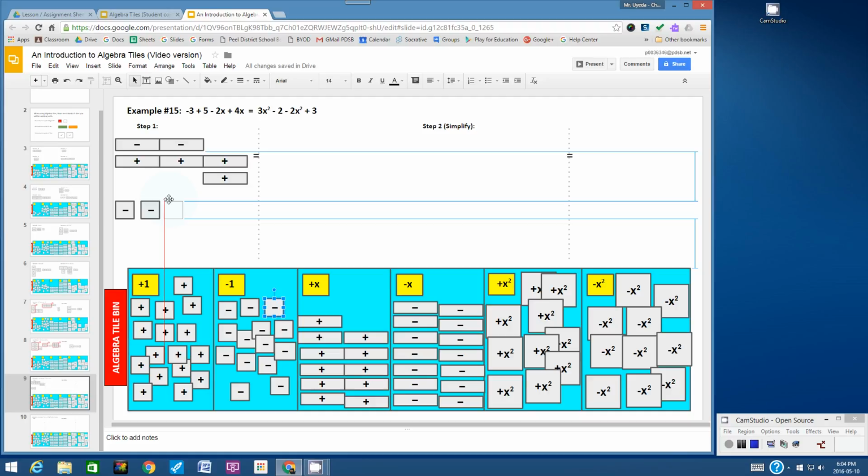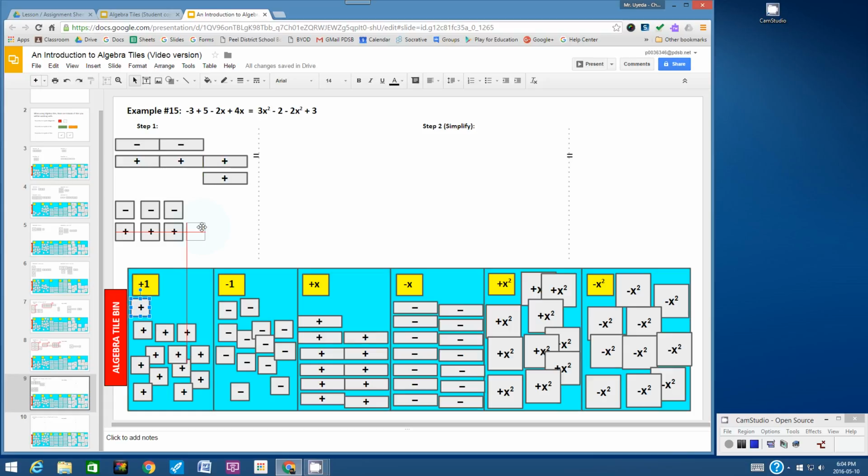I'm going to put the positives underneath because I recognize that zero models are going to be created here. So we've got 3 and then 4 and then 5. So you see how 3 zero models are going to be created here and 2 zero models are going to be created here.